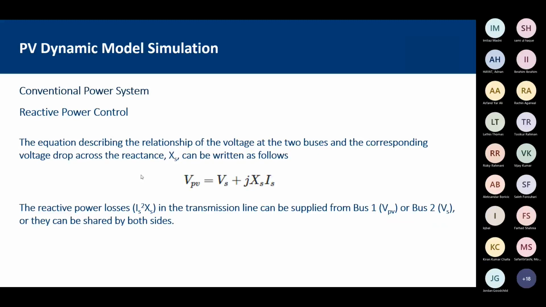But in case of PV inverters, obviously, it is a little bit different. So to describe the relationship between this reactive power control and the voltage, this equation can be used, which shows the relationship of voltage at the two buses, VPV and VS, and the corresponding voltage drop across the reactance.